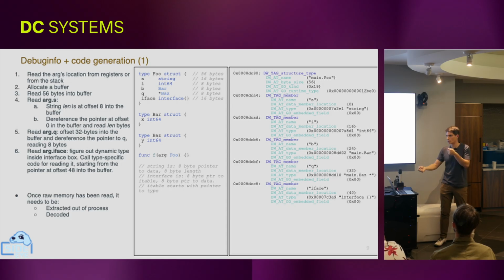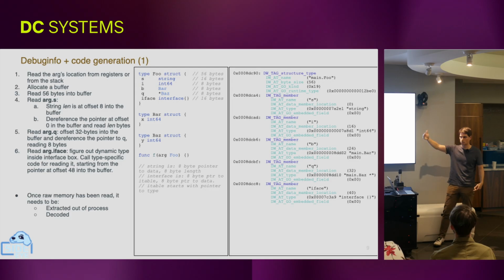So our code needs to know that the length of the string is at offset 0 in our buffer, and the pointer to the data is at offset 8, so it needs to dereference the pointer at offset 8 and read len bytes. And then similarly for Q, which is a pointer to a baz, we have a pointer somewhere at some offset in our buffer, and we need to read 8 bytes for it.